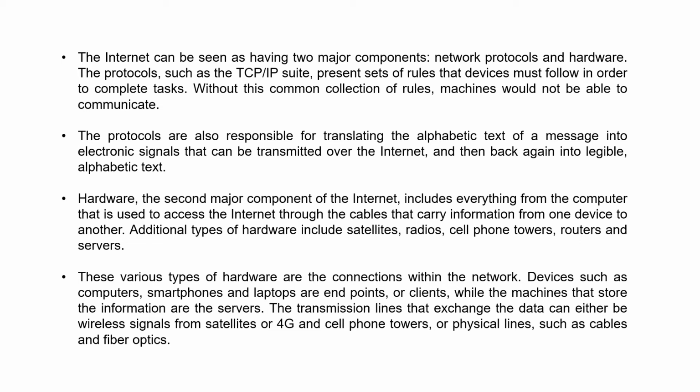Devices such as computers, smartphones, laptops are called endpoints, while the machines that store the information are known as servers. Then the transmission lines or cables that exchange the data can either be wired or wireless. That is, wireless includes signals from satellites or 4G or cell phone towers, and physical lines such as cables and fiber optics.